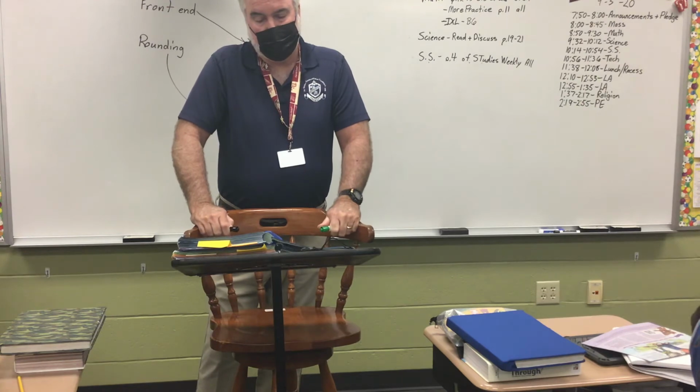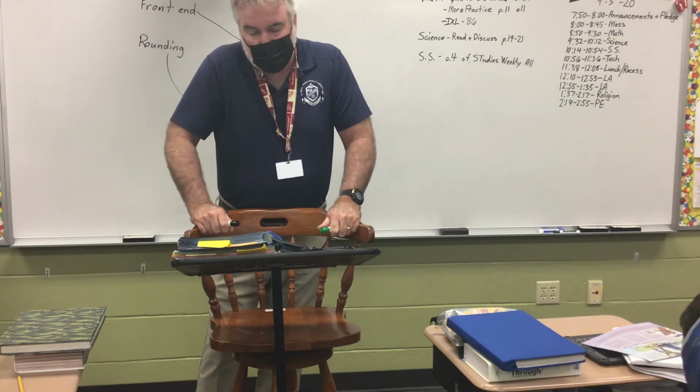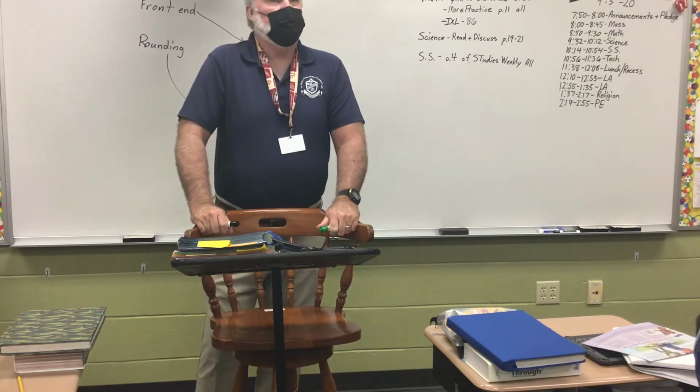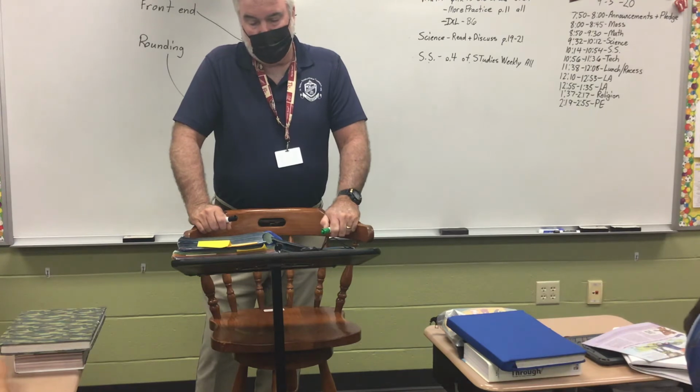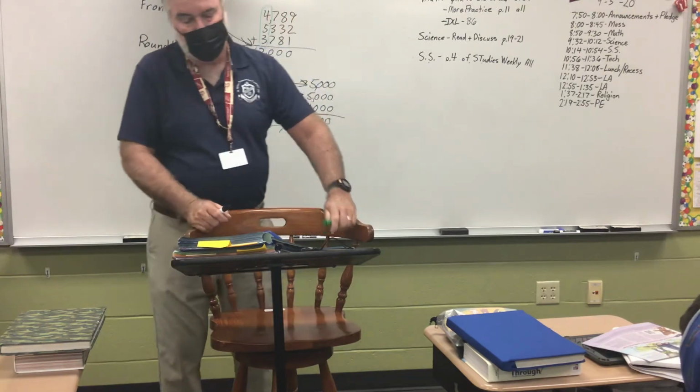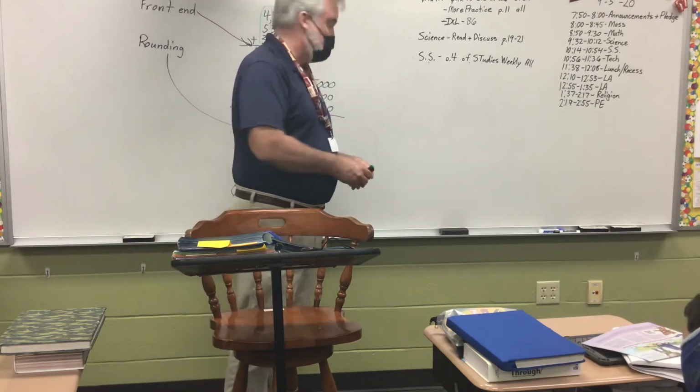It says estimate each sum or difference. You can use either way, okay? And then down at the bottom, it tells you estimate, use rounding or front end estimation, okay?